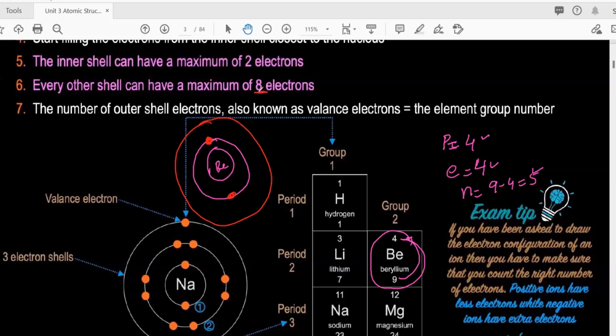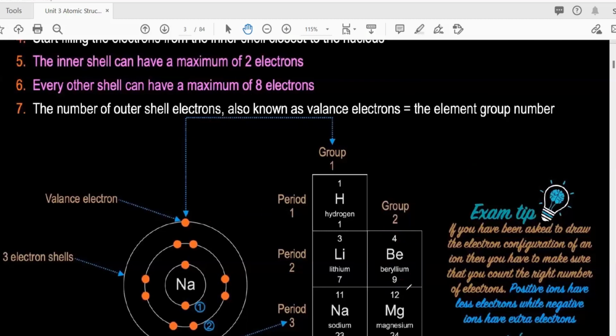There is a rule: the first shell can have 2 maximum, the second shell 8 maximum, and the third shell also 8 maximum. So how many are left? 2. So I put 2 here. This is the electronic structure of beryllium.